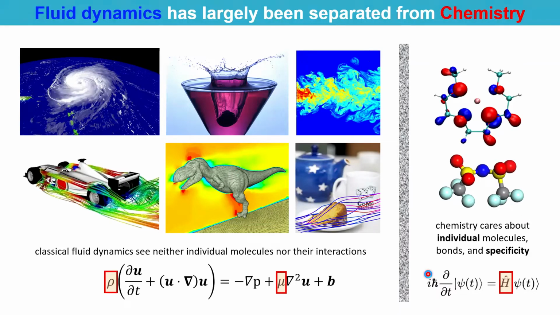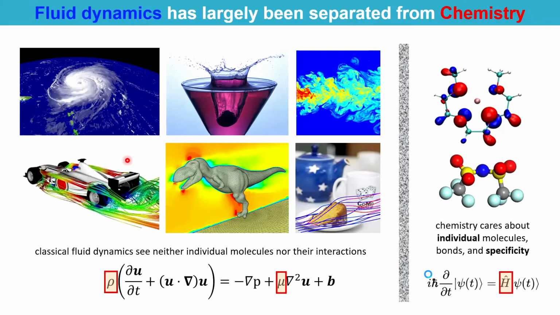This has actually served us very well. For example, a design engineer trying to optimize the flow near a race car to reduce the drag does not have to worry about the size and shape of the oxygen and nitrogen molecules, and even less so about the vibration of the atomic bonds.